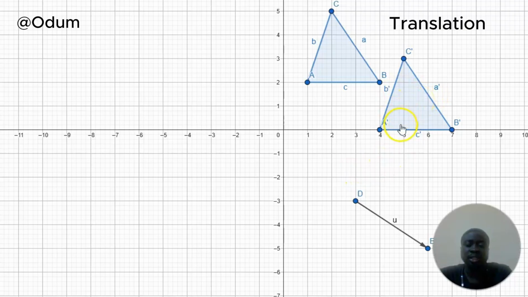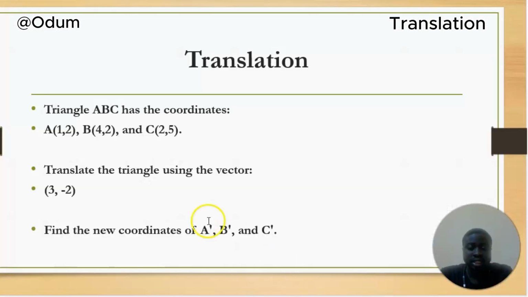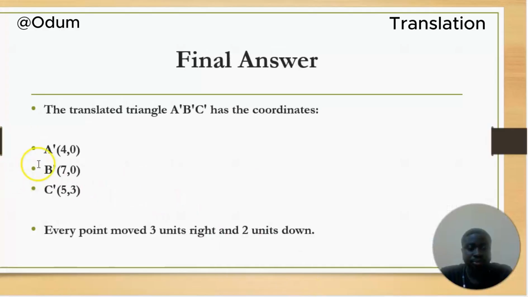Now let's see the points we have as our image. The first one is (4, 0), so A prime is (4, 0). B prime is (7, 0). And C prime is (5, 3). Let's see the solution.